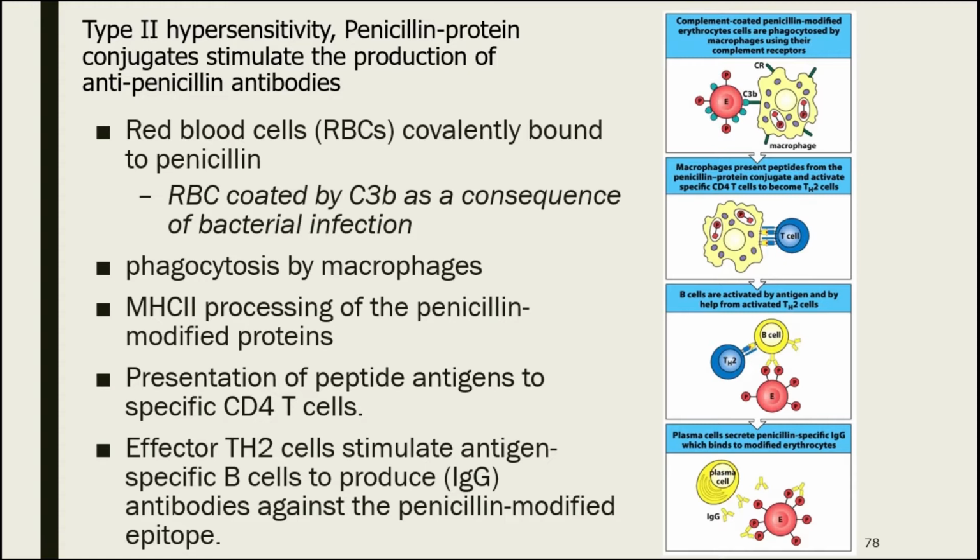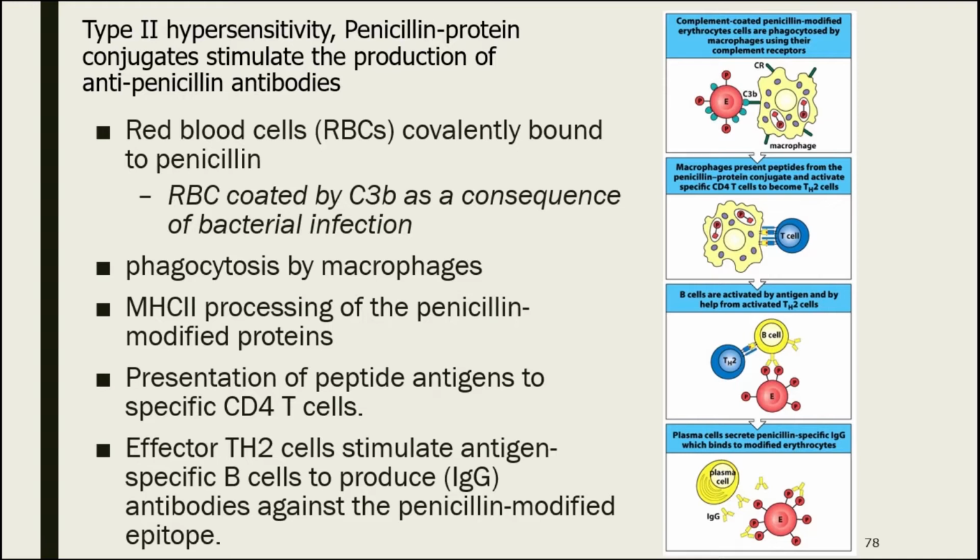Now the RBC is coated with penicillin, and it will be further coated by C3b, so it is opsonized in a way. It will lead to phagocytosis by macrophages, and all the processes that we've learned in the previous lectures.